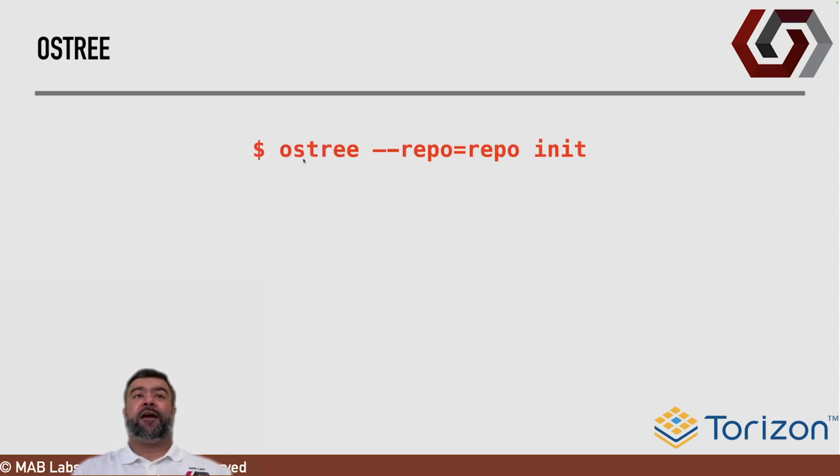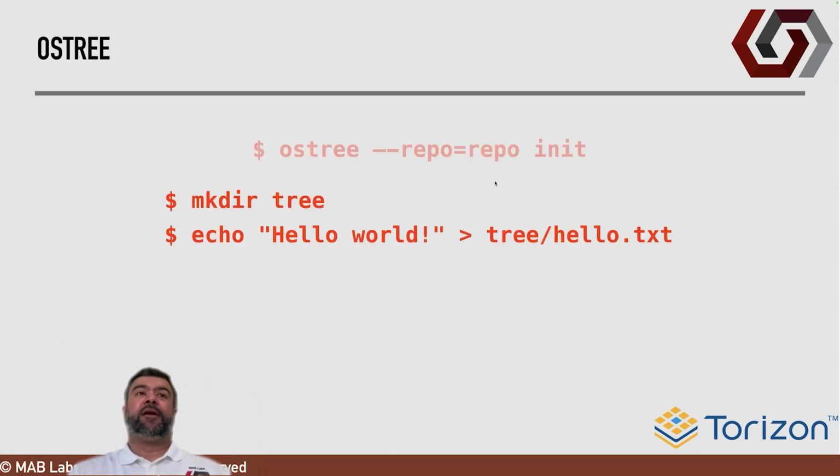So this command initializes an OSTree repository on our system. You can imagine this is similar to doing a git init in a source control repository. Then, let's say we made a directory called tree and echoed hello world to tree/hello.txt, so we have a file on our system.